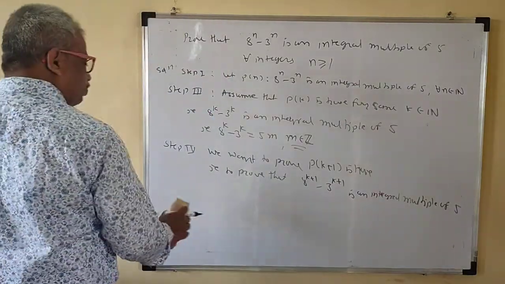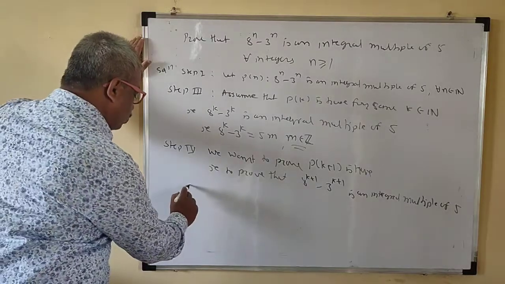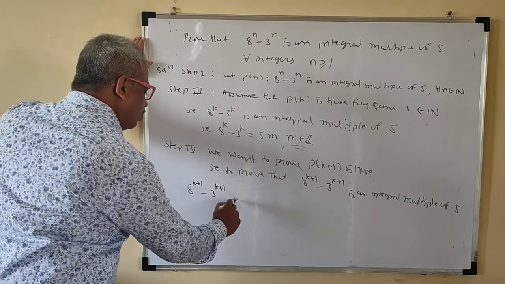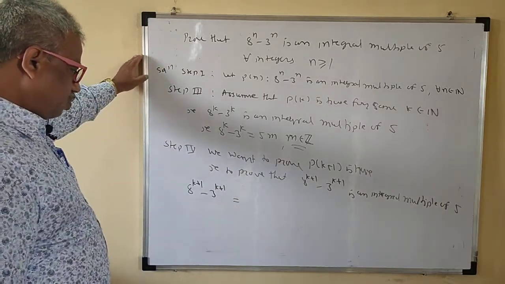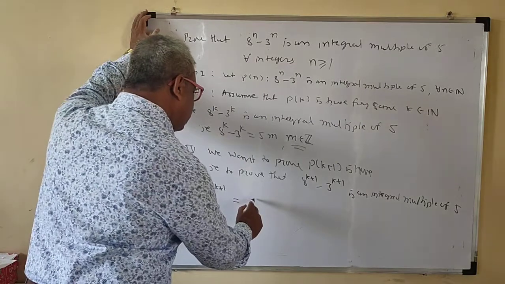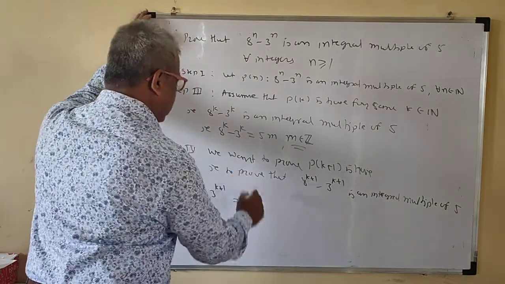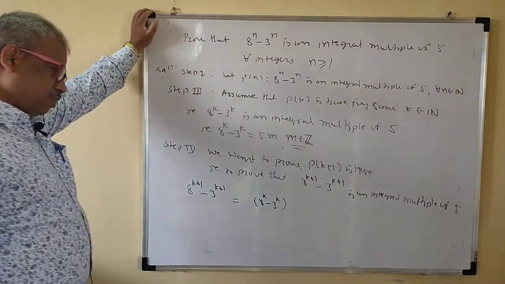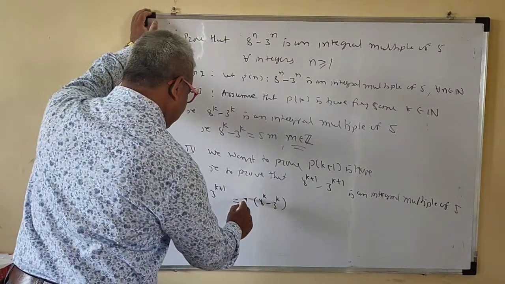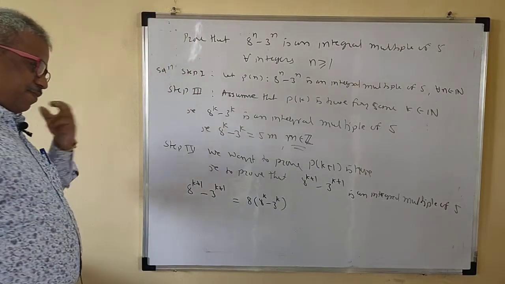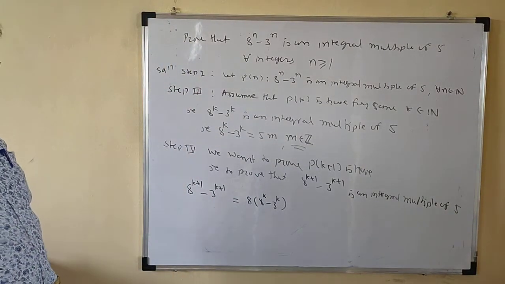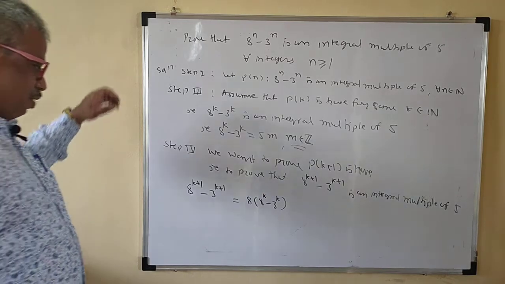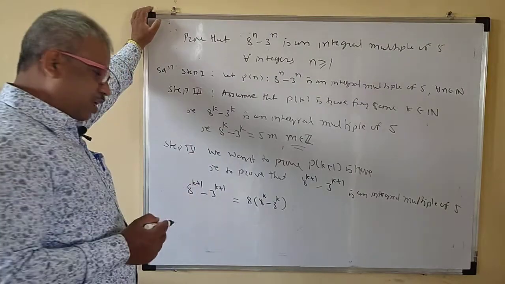Okay, so we'll write 8 raised to k plus 1 minus 3 raised to k plus 1 is equal to, and here I will write 8 raised to k minus 3 raised to k. First I will write 8 times 8 to the power k.